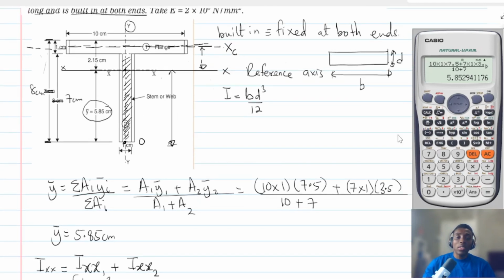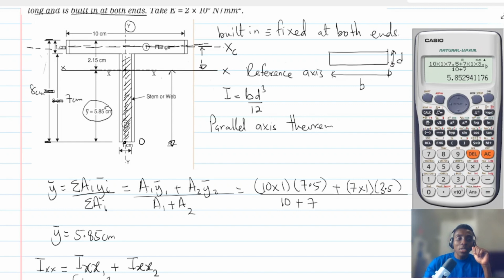Now 10 times 1 cubed over 12 is only the centroidal, but we have to add what we call the parallel axis theorem. That is nothing but saying that there is a distance between the centroidal x-axis and the reference. To calculate that distance, don't forget that we just said this is 5.85. But what do we know?